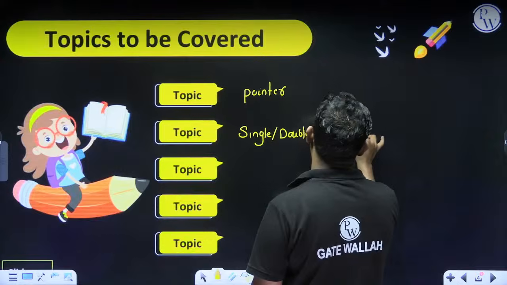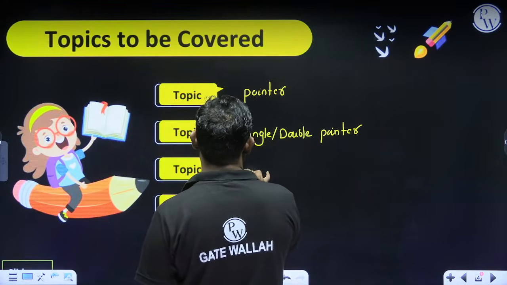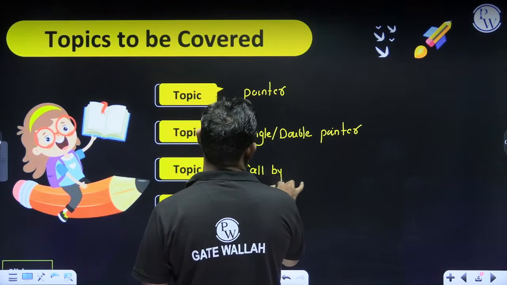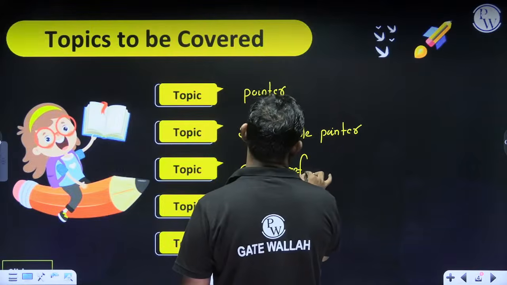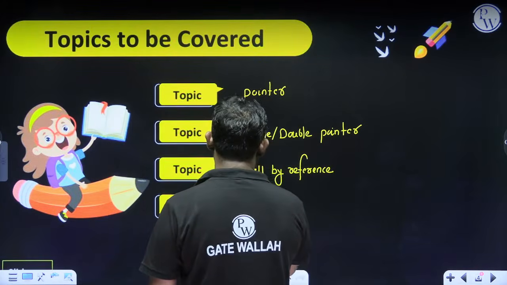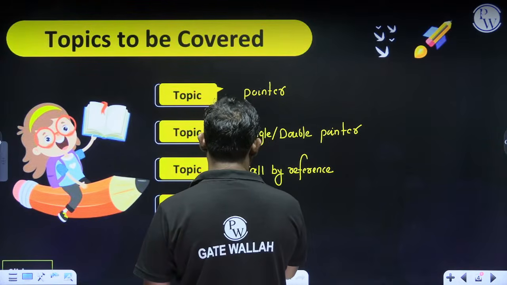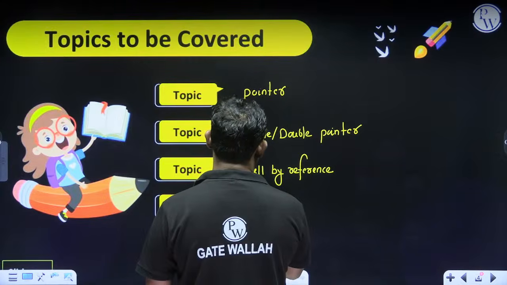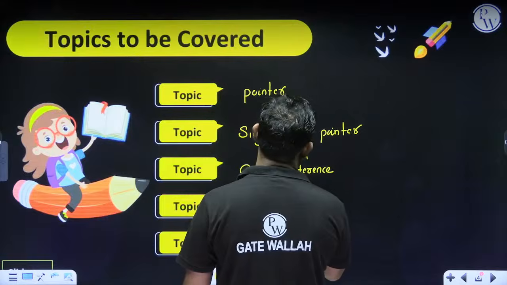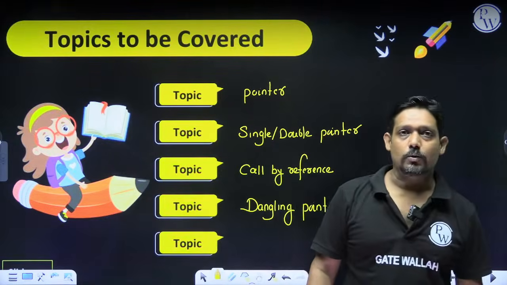We'll see pointer passing, call by reference. We'll also see one case where a problem is created by the pointer, and that is called dangling pointer. Okay, so we'll also see dangling pointer today. These are the topics I'm planning to cover today, and let us start.